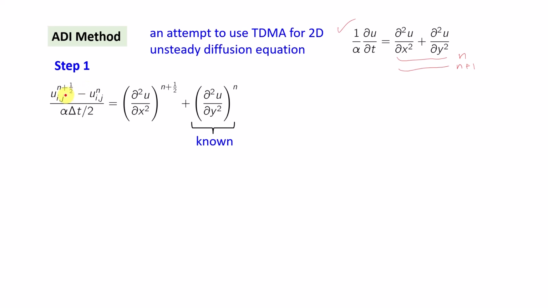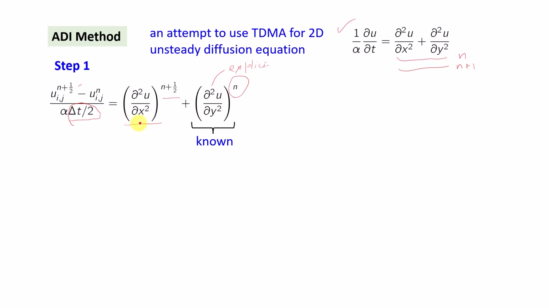I define an intermediate step n plus 1 by 2, which takes a time step of delta t by 2. During the calculation of this intermediate u, that is u at the n plus 1 by 2 level, I discretize del 2u del x2 at n plus 1 by 2. However, the remaining part, del 2u del y2, I keep at the nth time level. This part is explicit.